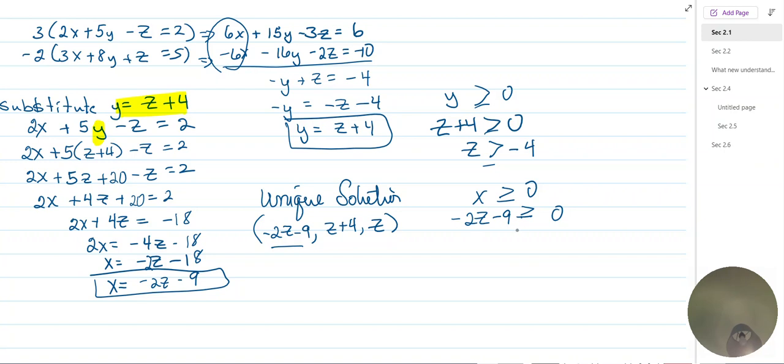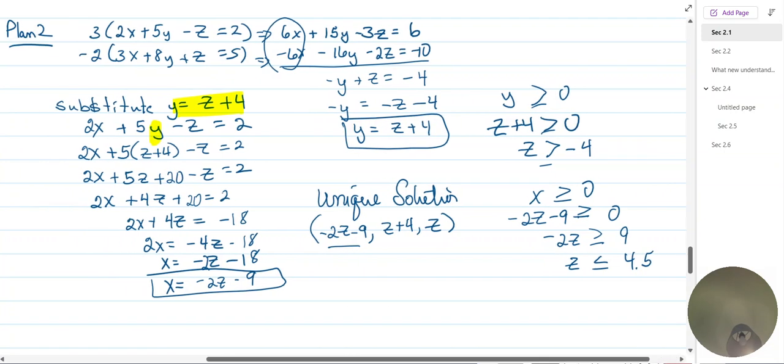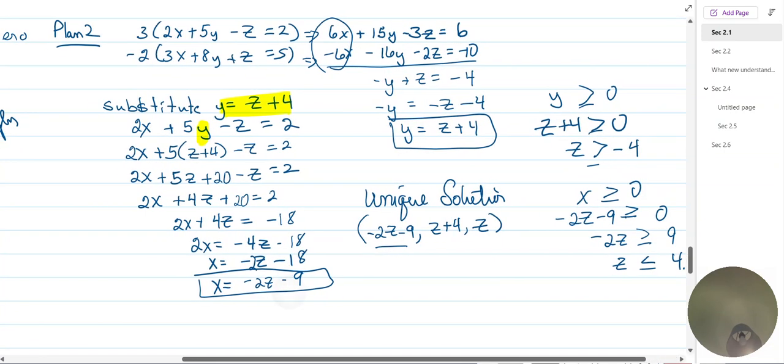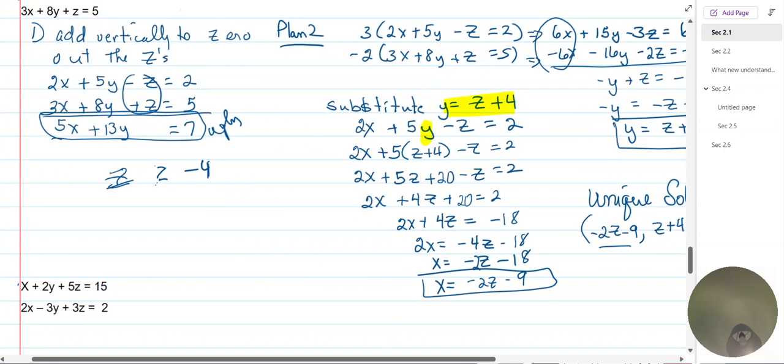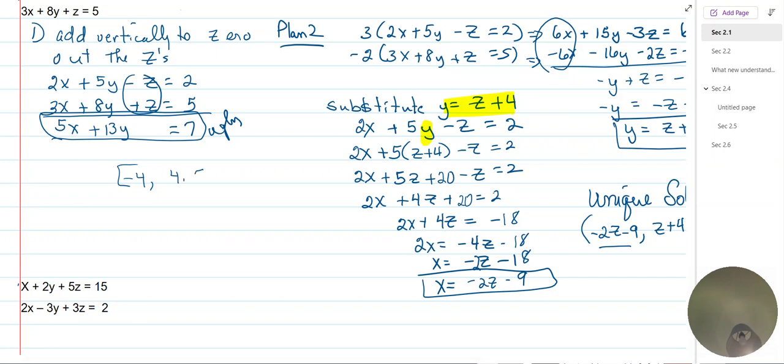So I'm going to add 9. I'm going to divide by negative 2. That flips it. So we know that x has to be less than and y has to be greater than negative 4. So our interval is negative 4 to 4.5.